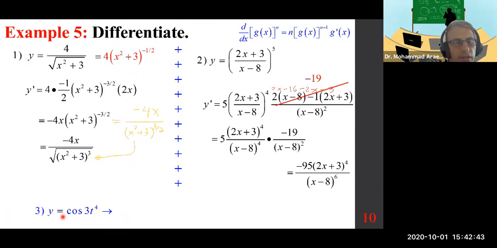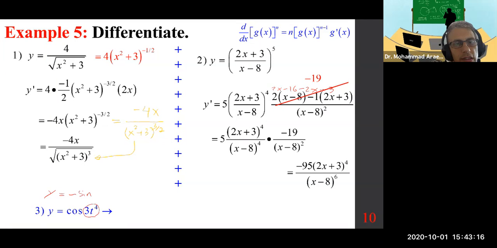So let me write this for you. I'm going to read cosine. The answer is negative sine. The derivative of cosine is negative sine. And I say, okay, now cosine of what? 3t to the power of 4.